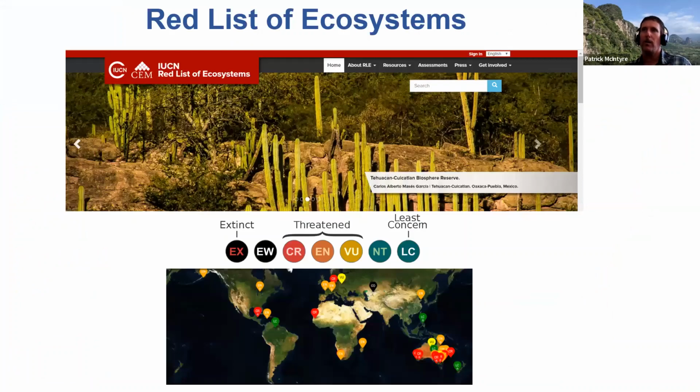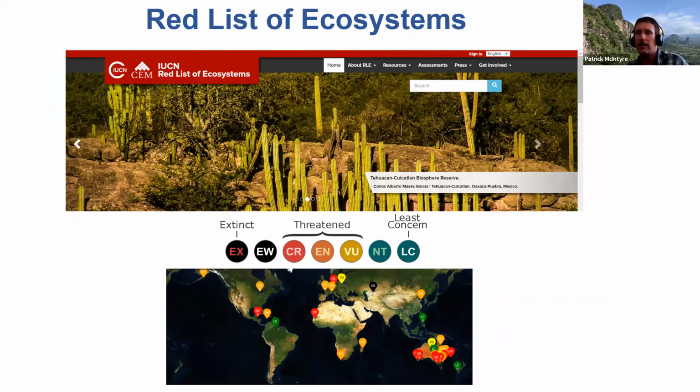And then we can work with groups such as the IUCN Red List of Ecosystems, of which we're a part, and we helped develop a corresponding concept for ecosystems that relates to the Red List of species. So just as species can be endangered, ecosystems can be at risk of collapse, or they can be thought to be, say, secure, wide-ranging, not vulnerable to climate.